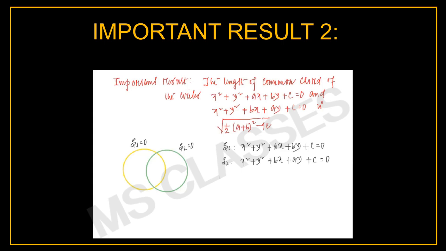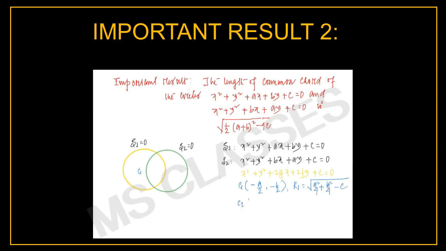Now, simply we'll compare these equations with the general equation x square plus y square plus 2gx plus 2fy plus c equal to 0. For the center of the first circle, we understand it is minus a by 2 comma minus b by 2, and the radius is under root of a square by 4 plus b square by 4 minus c.